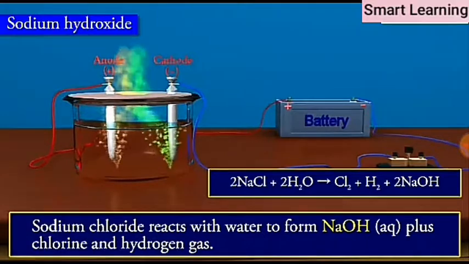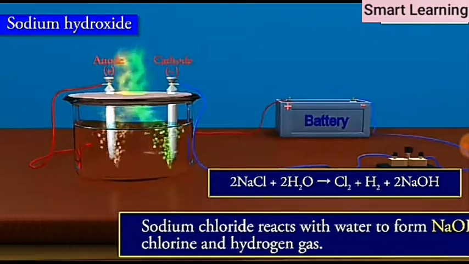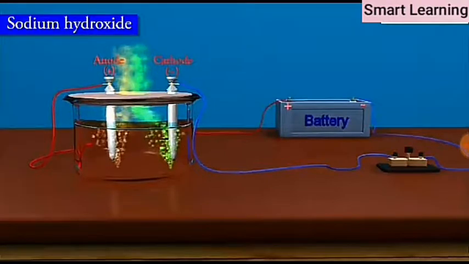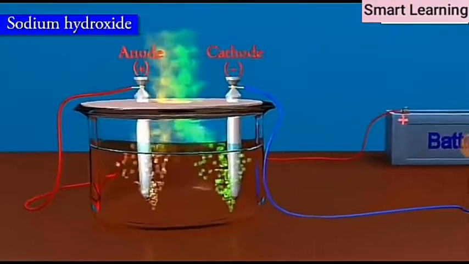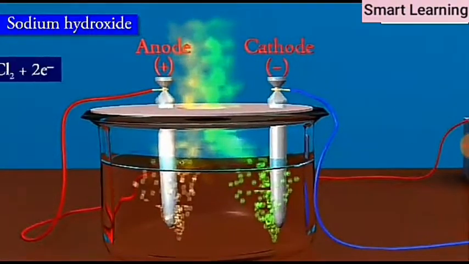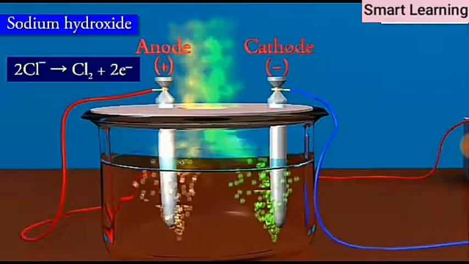The reaction being, sodium chloride reacts with water to form NaOH aqueous plus chlorine plus hydrogen gas. Chlorine gas is given off at the anode, the reaction being 2Cl minus gives Cl2 plus 2e minus.